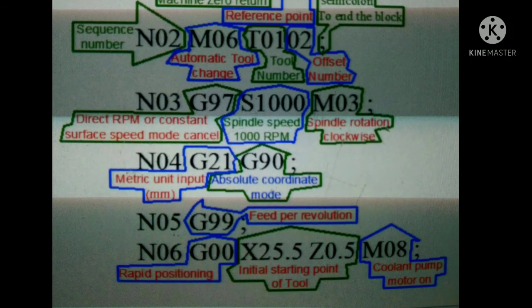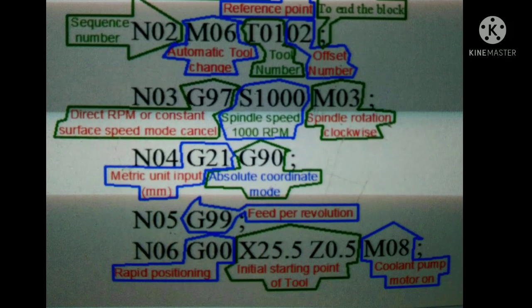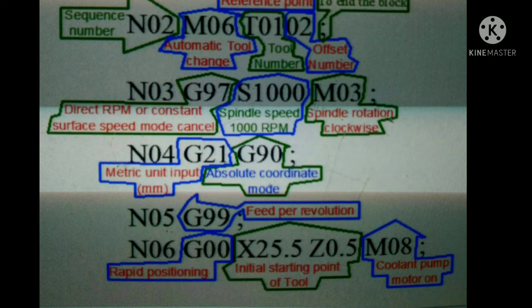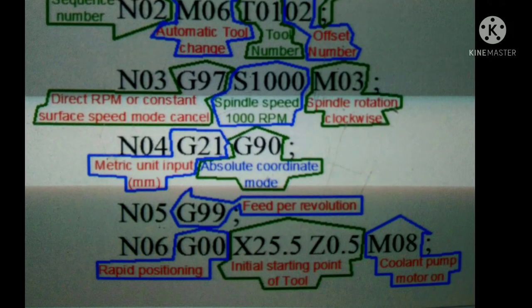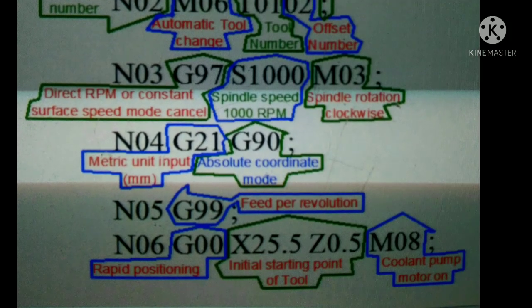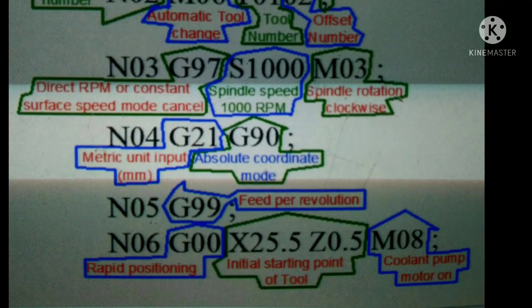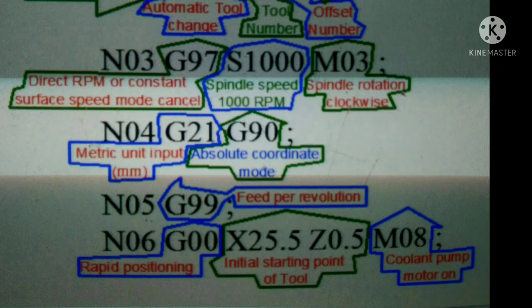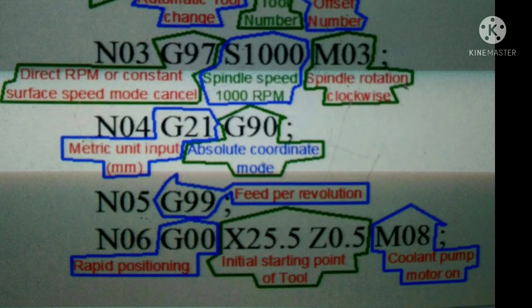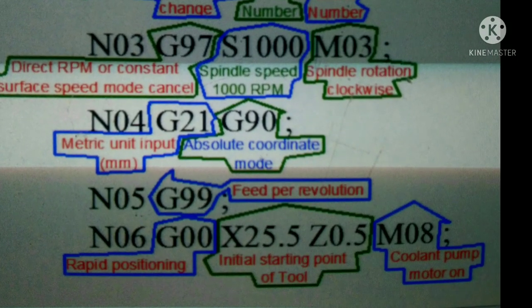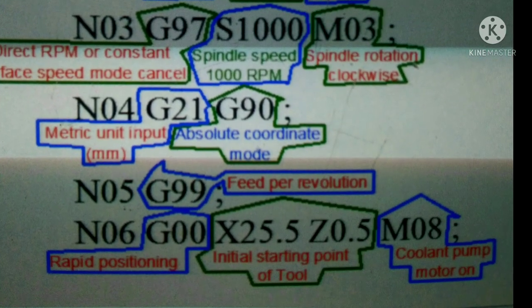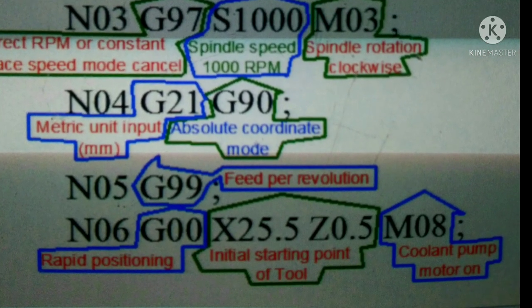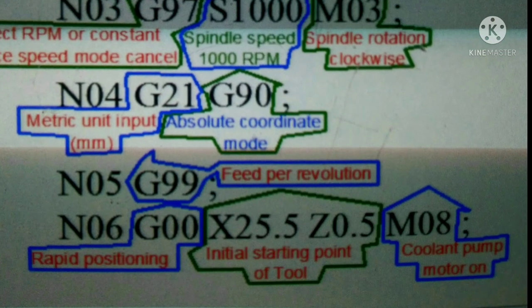One thing we have to remember is that when we travel the cutting tool rapidly by using G00, we always maintain a gap between the tool and workpiece to prevent a crash, so we use X25.5 and Z0.5, and then use M08 to turn the coolant pump motor on, and after all, a semicolon to end the block.